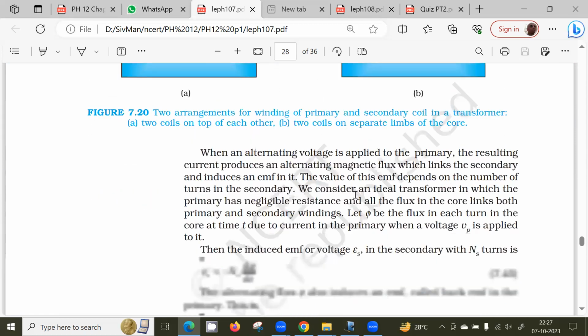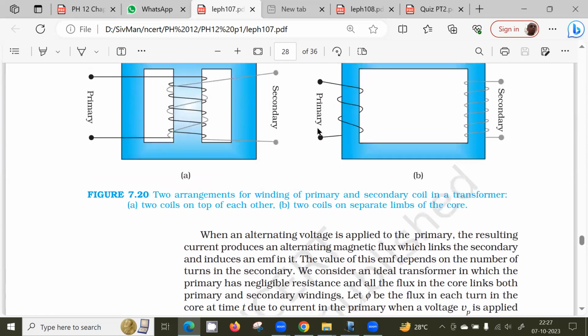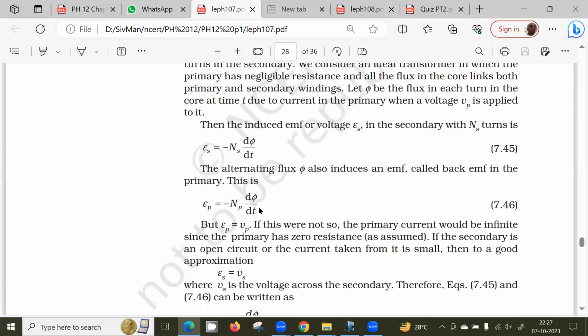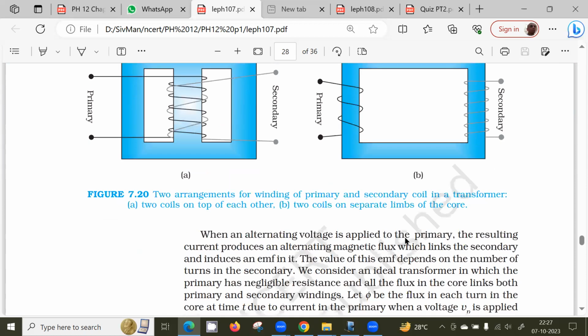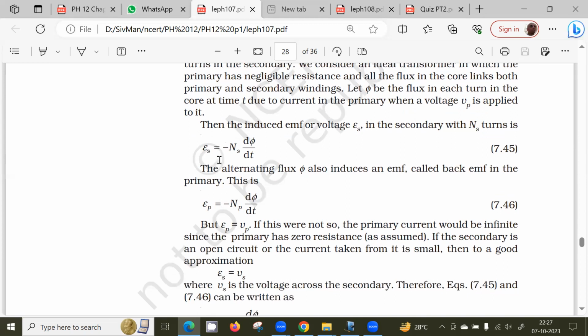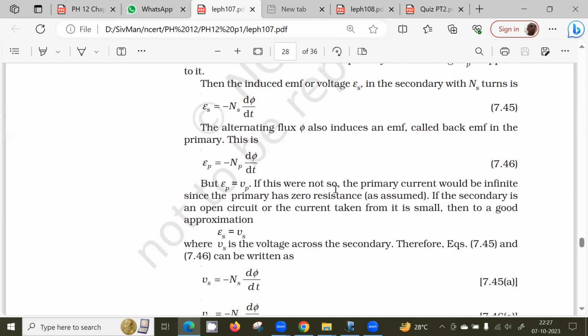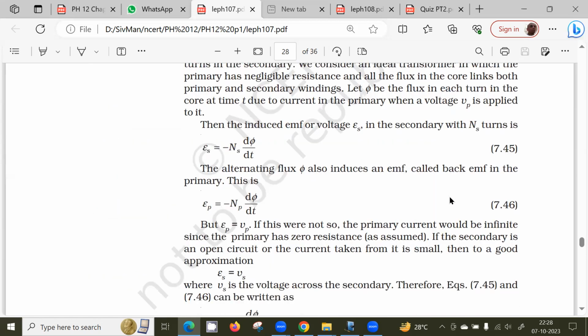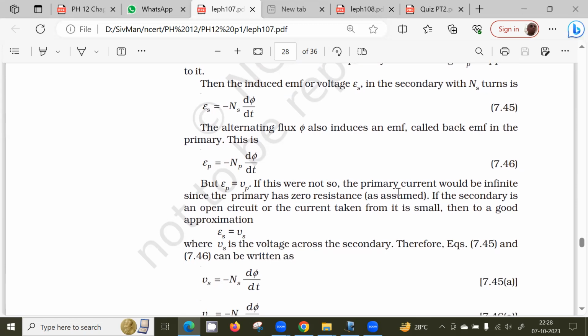That flux and the voltage across the primary coil are related like this: E equals N dphi by dt. This is Faraday's law of electromagnetic induction. Similarly, the flux in the secondary coil and the secondary voltage are related in the same way. Since the flux is the same, we have ES by NS equal to EP by NP. The flux linking this one and this one is the same.